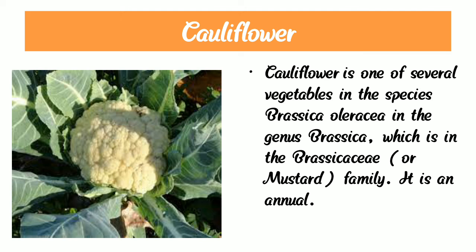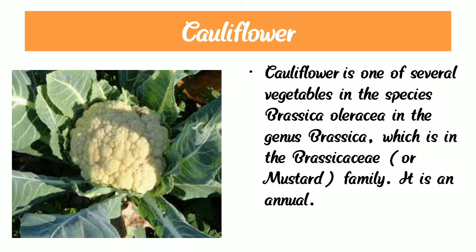It is an annual. So cauliflower is one kind of vegetable, and we can see it's white in color and has leaves all around. So children, you all understand about cauliflower.